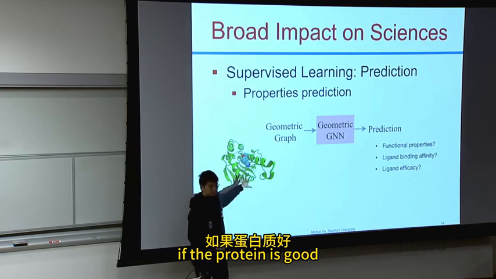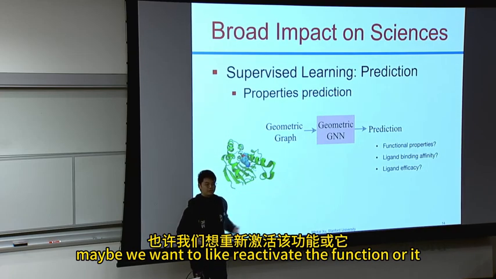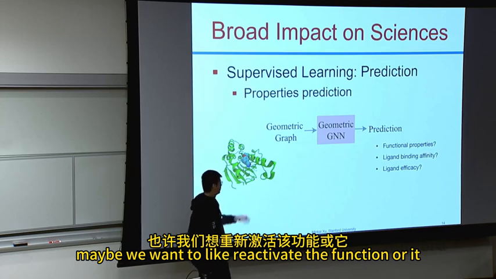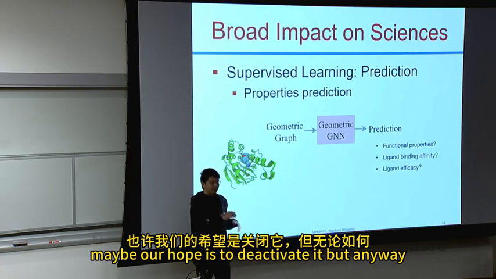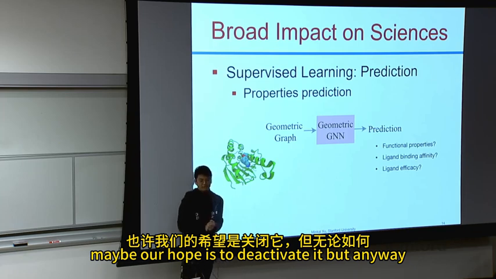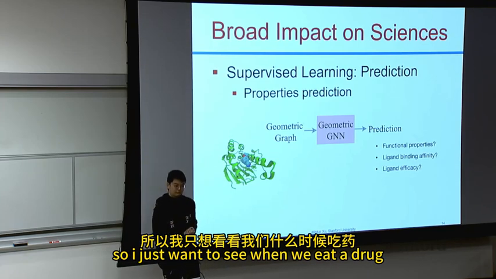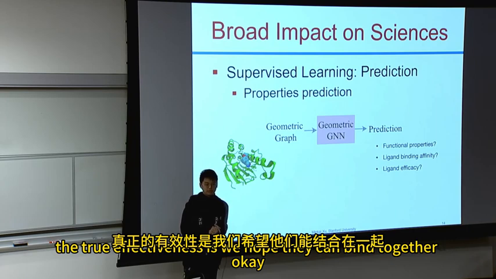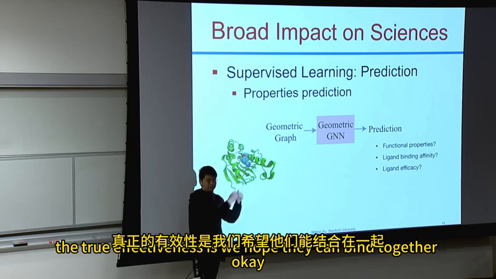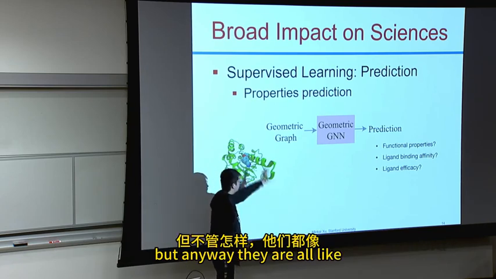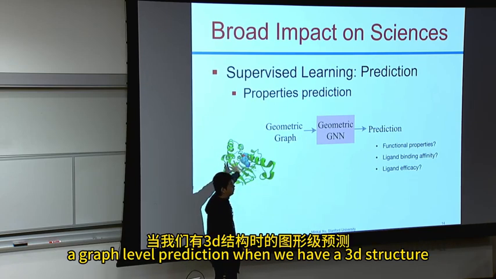If the protein is good, maybe we want to reactivate the function. Or if it is a virus protein, maybe our hope is to deactivate it. Anyway, the true effectiveness is that we hope they can bind together. But anyway, they are all graph-level predictions.